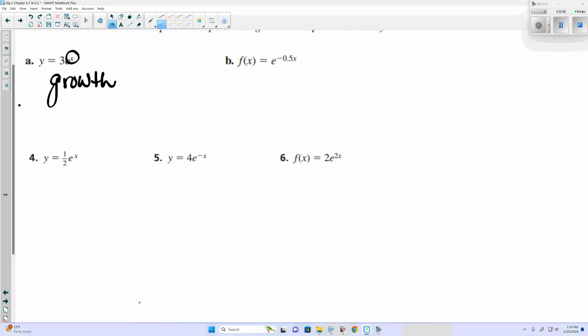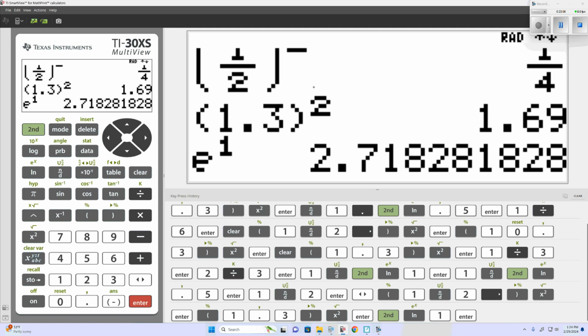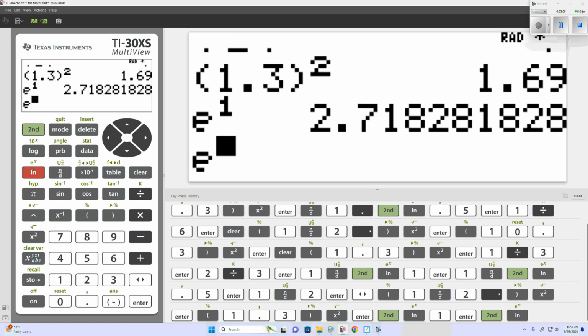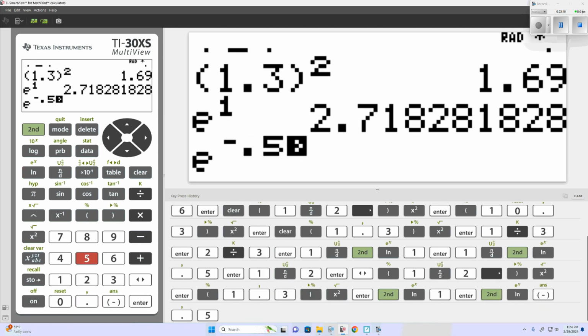Let's look at the next one. e to the negative 0.5x. Well, the exponent is negative, yes? So it is decay. Now, again, when we had just numbers as the base, we said the number had to be between 0 and 1 for it to be decay, yes? Now what we're looking at here is e to the negative 0.5, yes?